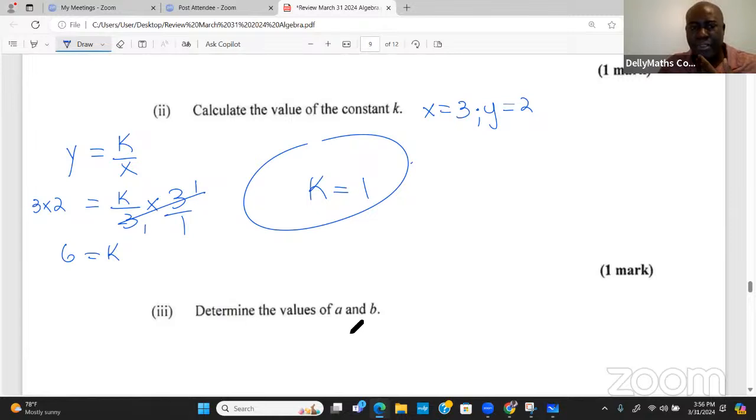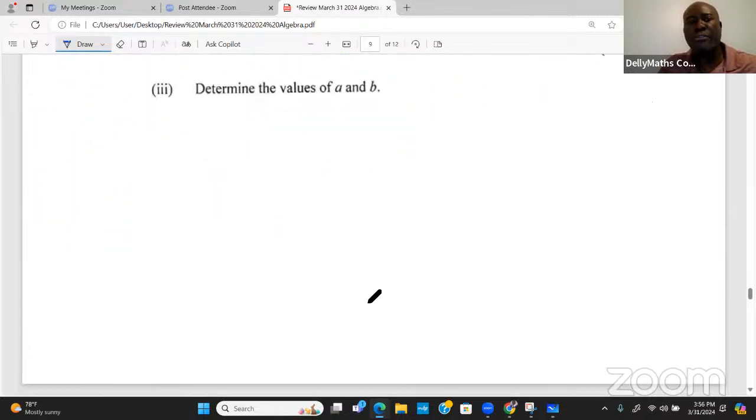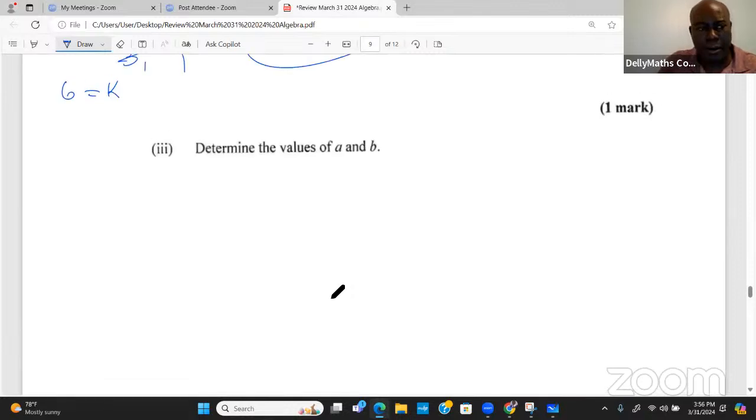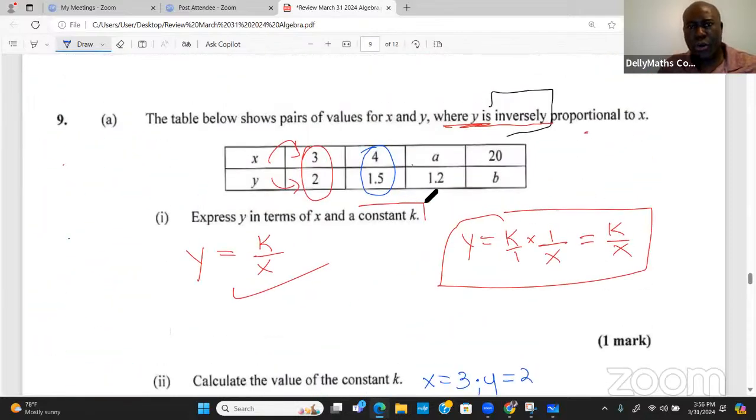So let us see. They want us to determine the value of a and b. Now remember, k is 6. So let us go for one of the situations. In this situation, I'm going to focus on A since it's right here. So A is an X value, right?